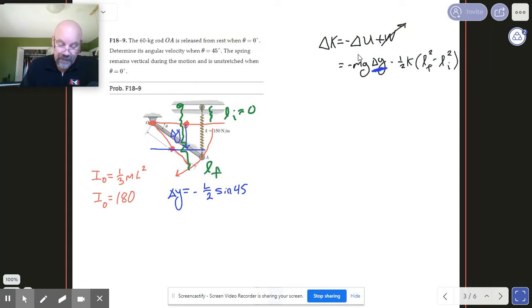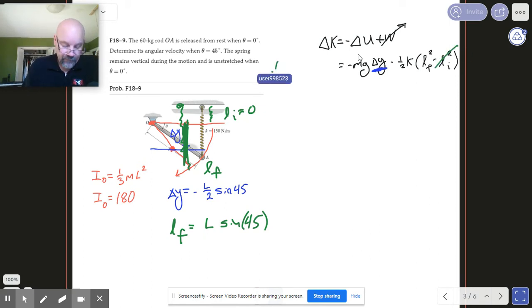Now, L final is not the top part, not this up here. We don't care about that. We care about this part right down here. And so L final is going to be L sine 45. So there's our L final. Initial term is 0.